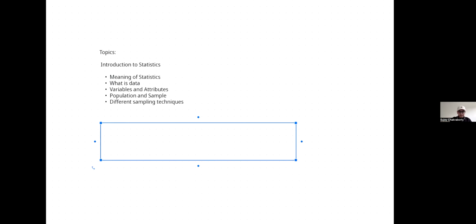So in the singular sense, the word statistics is used to imply the subject of scientific activity dealing with the theories, methods of collection, analysis, and interpretation of such data, right?